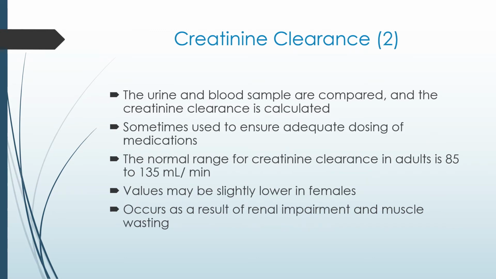The urine and the blood sample are compared, and then the creatinine clearance is calculated. This is sometimes used to ensure adequate dosing of medications. We want to make sure that the kidney is filtering the medications at the proper rate, and it's not holding on, because that's going to alter the therapeutic level of the medication.